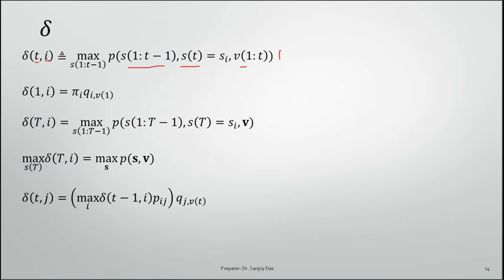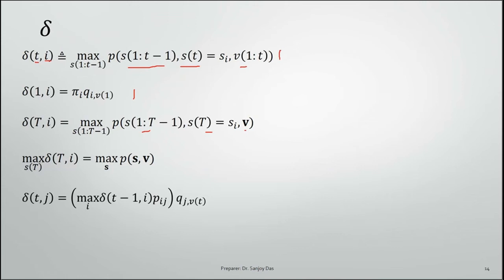Delta 1(i) is pi(i) qi(v1), and delta T(i) is the probability of all the possible state sequences until T-1 being maxed, ST being equal to Si, the probability of the HMM eventually landing up in state Si, and remember it's a joint probability, and the entire output sequence.